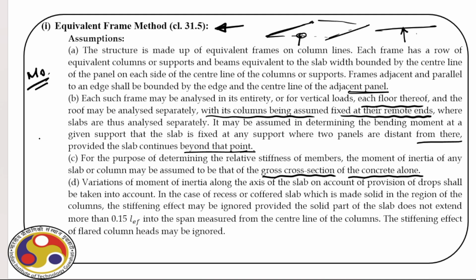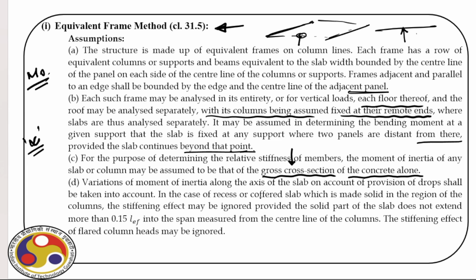Recall, we have to calculate that alpha, that proportional stiffness, whatever we have in the slab and column, and we have to take the ratio to find out this non-dimensional number. There we have to consider the gross cross section of the concrete alone. Then variation of moment of inertia along the axis of the slab on account of provision of drops shall be taken into account.